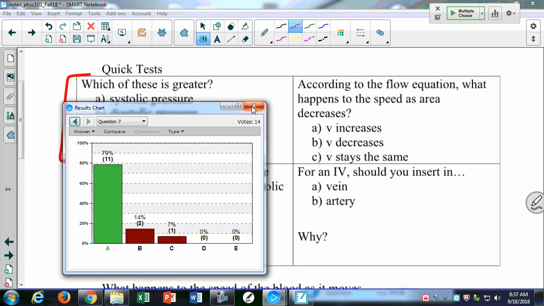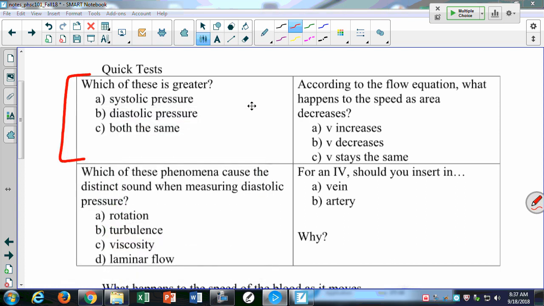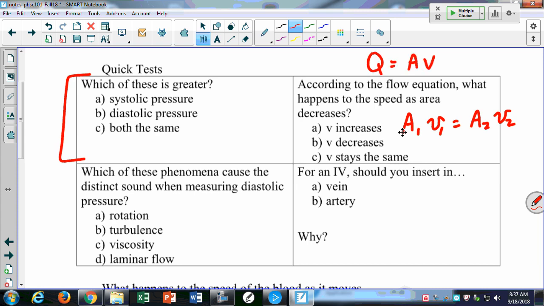A is right. Flow equation, A1V1 equals A2V2. Or really, the flow equation is Q is equal to A times V, and this is a constant value. But we call this the continuity equation. Regardless, they're related. As the area decreases, that means that the speed increases. So A is the right answer.